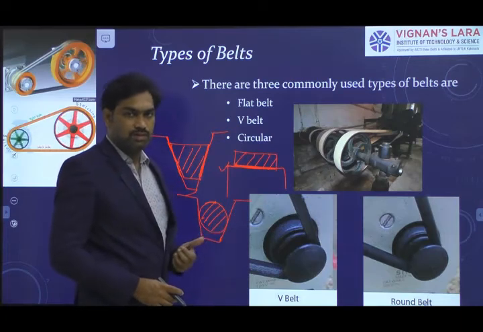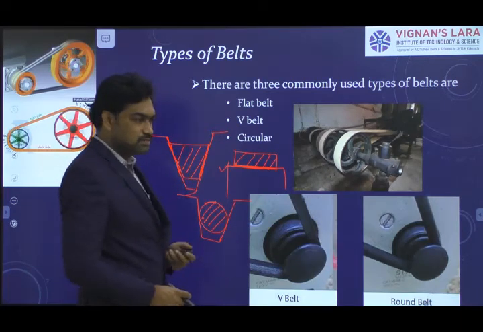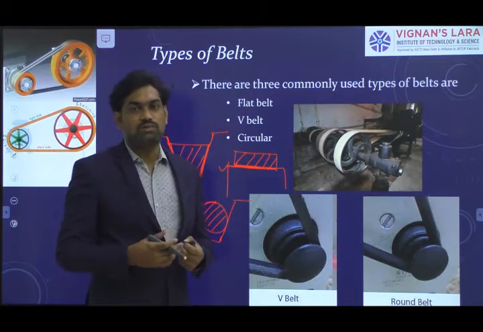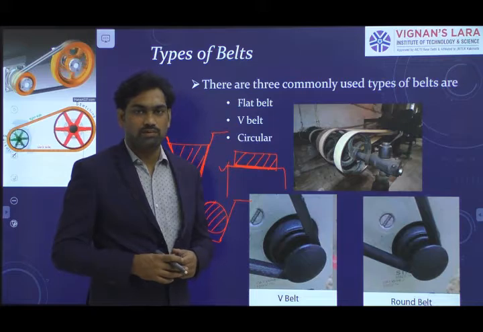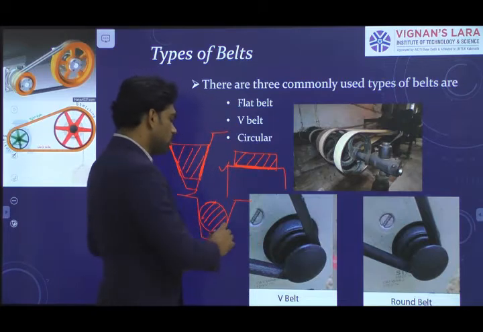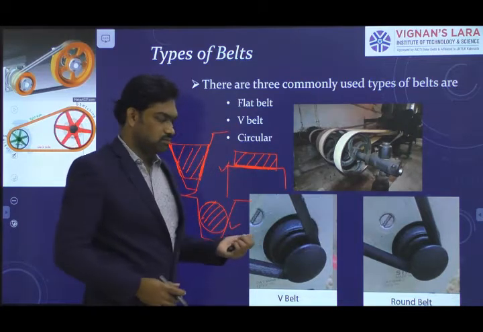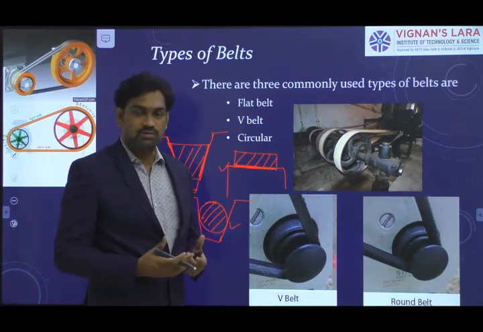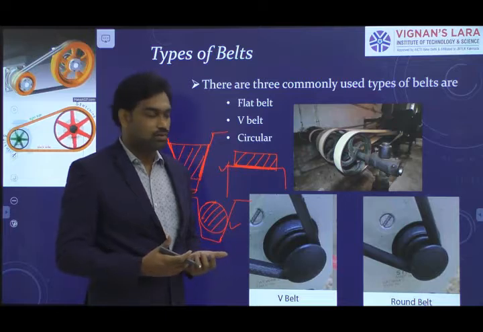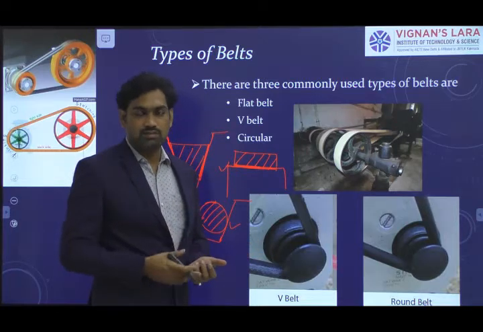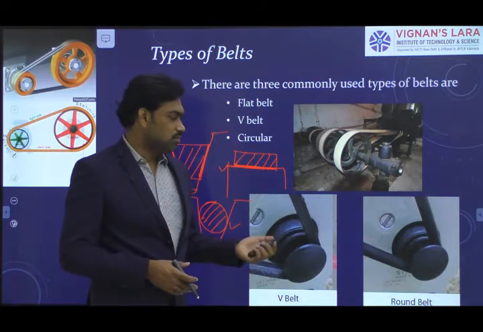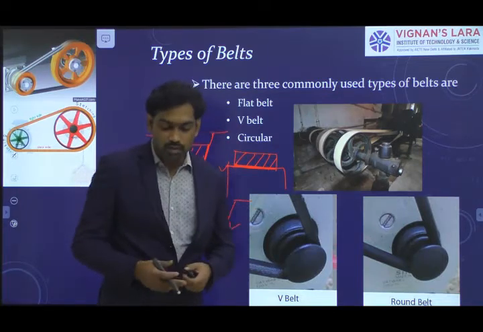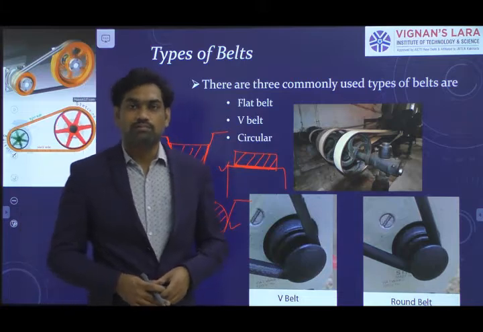These circular belts are majorly used to transmit power over larger distances, greater than 8 meters, as well as to transmit a large amount of power, like in mining or elevators, where a greater force has to be withstood. These wire ropes or round belts you can also observe in some machinery. Clear?